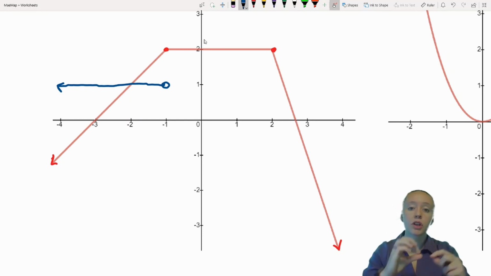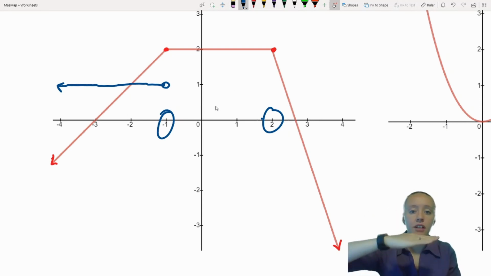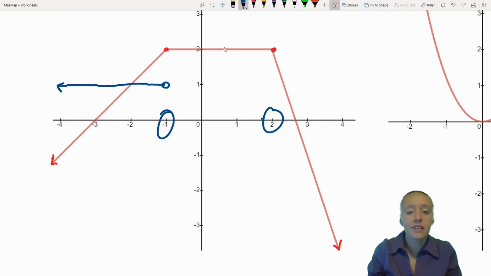Now, let's move on to our next segment of this piecewise function. The next segment goes from -1 to +2 in the x. So from -1 to +2, what does our slope look like? Well, our function is horizontal, and if our function is horizontal, that means that the slope is equal to 0.